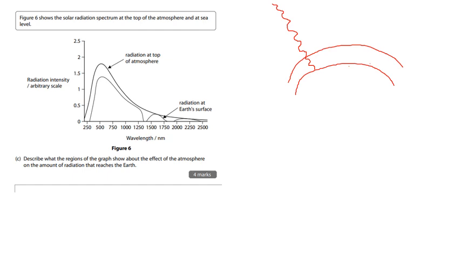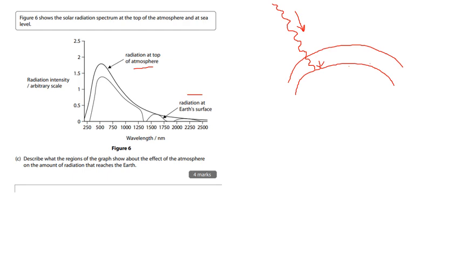So this top one, radiation at the top of the atmosphere, that's the stuff at the top of the atmosphere. Radiation at the Earth's surface, that's what gets through. And the difference between the 2 graphs is what is absorbed, and basically it depends on the wavelength.